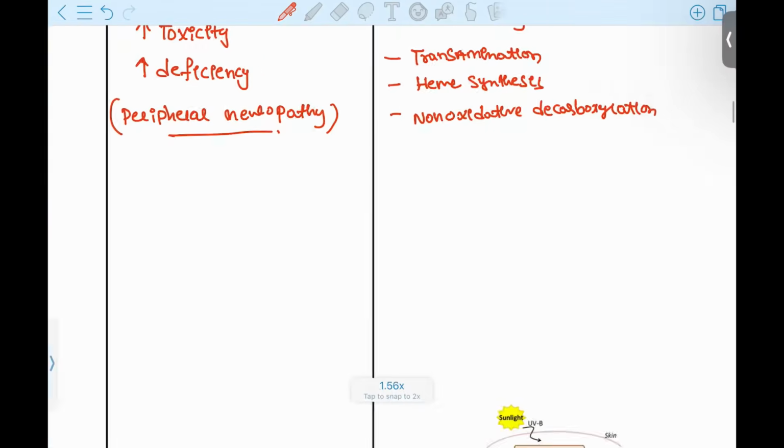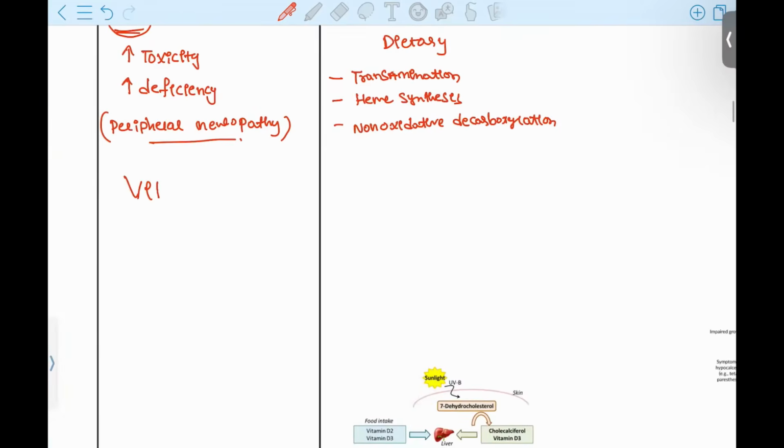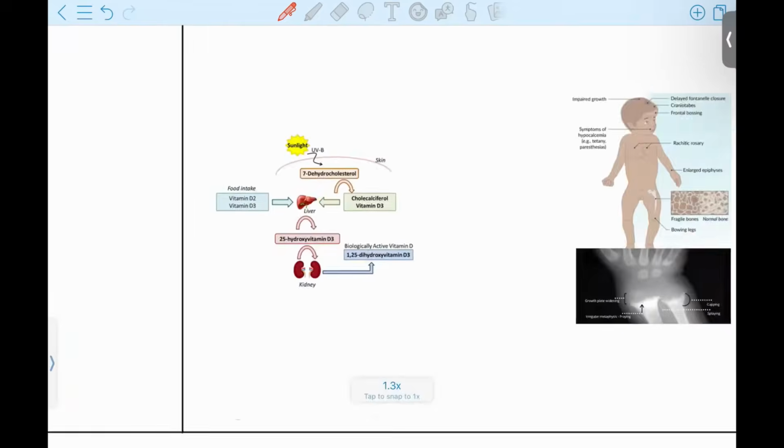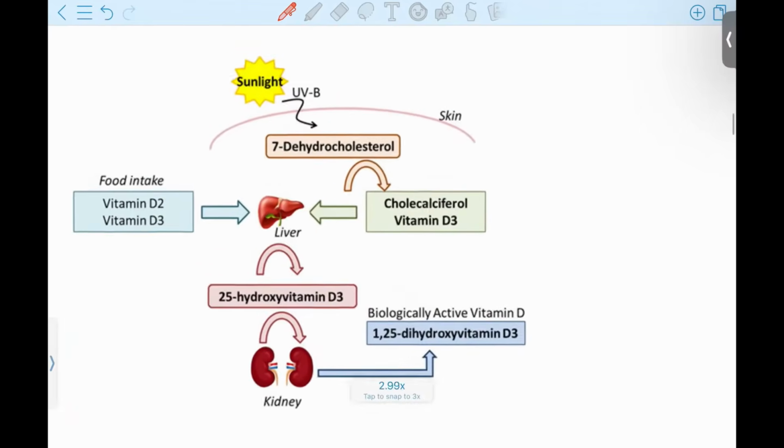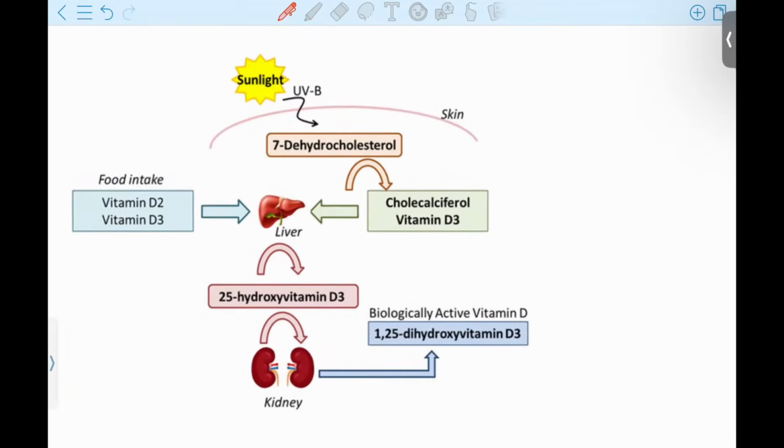Next, moving on to vitamin D. Before we understand vitamin D, let's see how vitamin D is synthesized in our body. Most of the vitamin D will be coming from UV rays only. From the sunlight, we get exposure through the epidermal layer, and the epidermis will release 7-dehydrocholesterol.